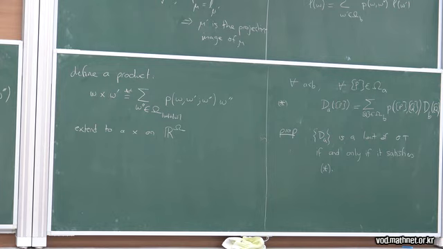And now I know that every time you give me a limit, the limit is compatible with this product. L of omega times omega prime will be L of omega times L of omega prime. So limits will correspond to homomorphisms, algebra homomorphisms.